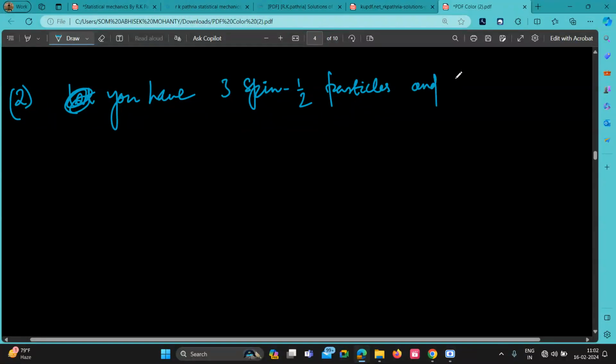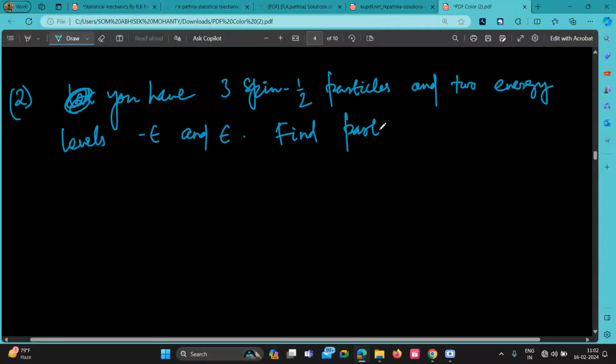Suppose you have 3 spin half particles and 2 energy levels, minus epsilon and epsilon. Alright. So we have to find the partition function again. We have 3 spin half particles and 2 energy levels, minus epsilon and epsilon. Find the partition function.